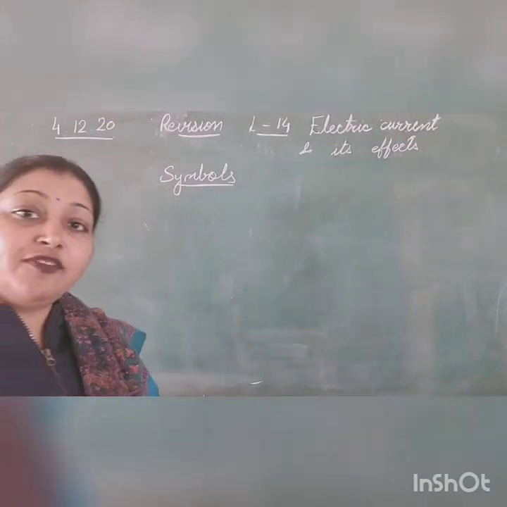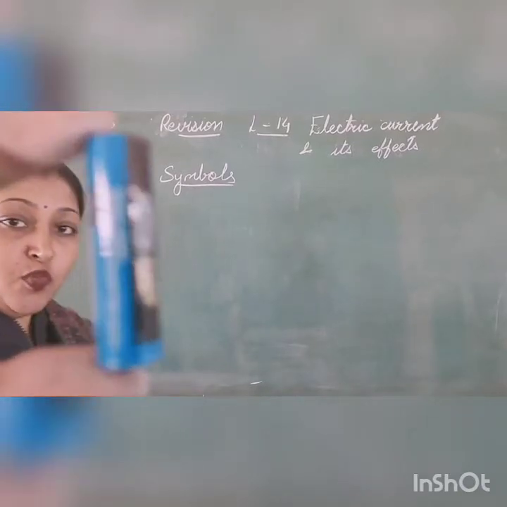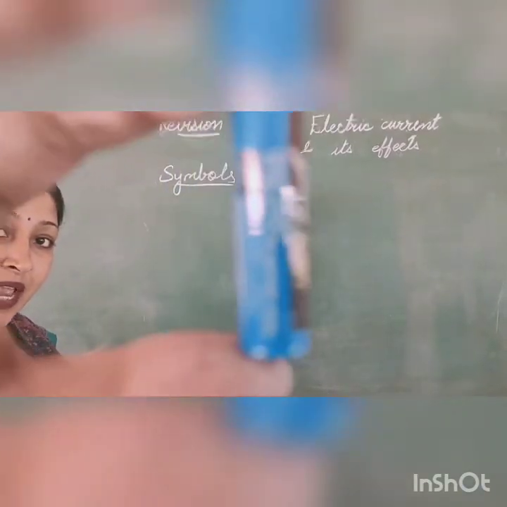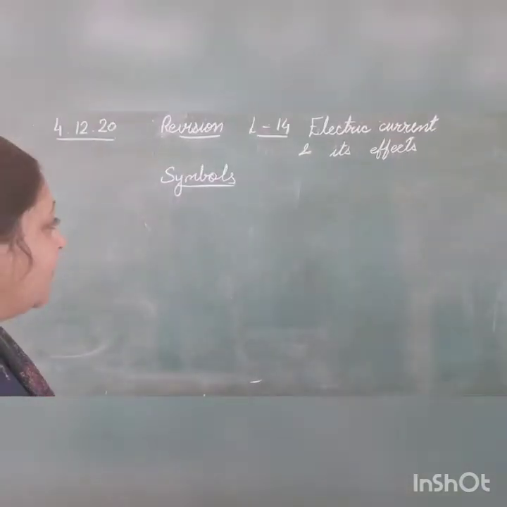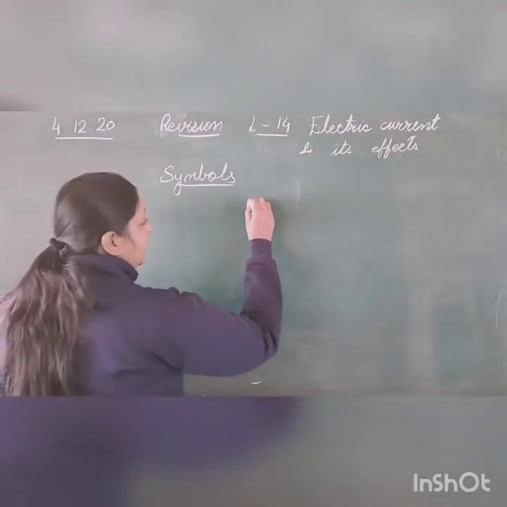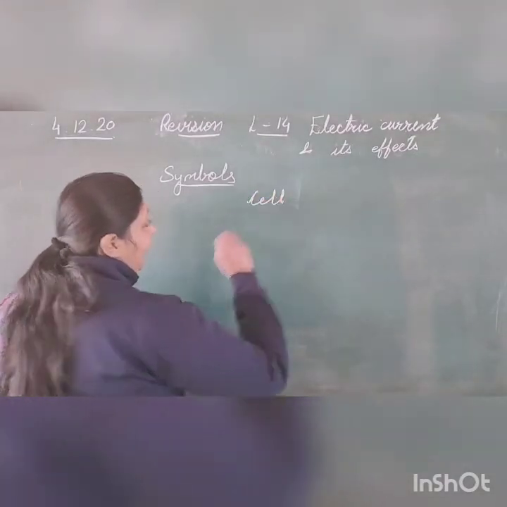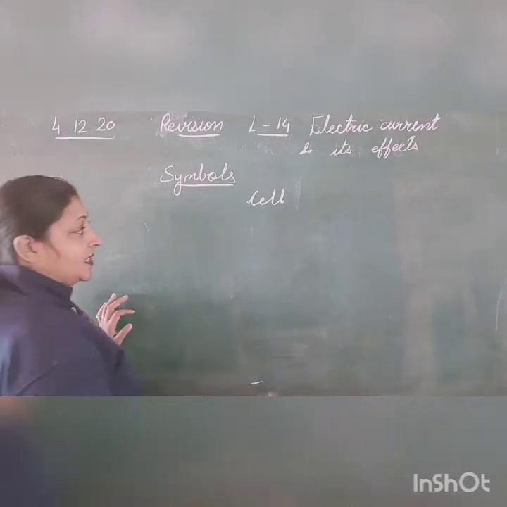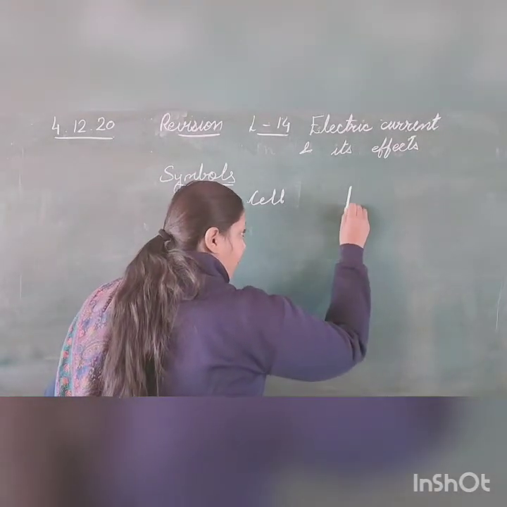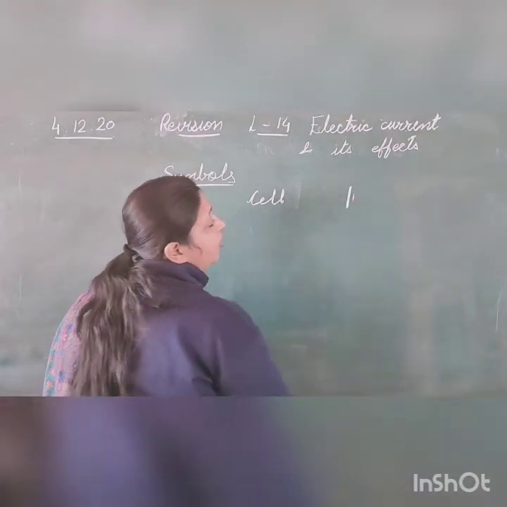Let us start with the first. Can you assume what this is? I hope it is clear to you. Yes, it is an electric cell. And what is the symbol of an electric cell? One bigger line and another smaller line.